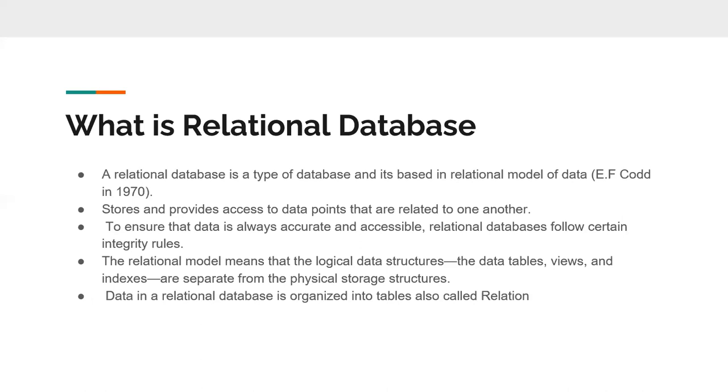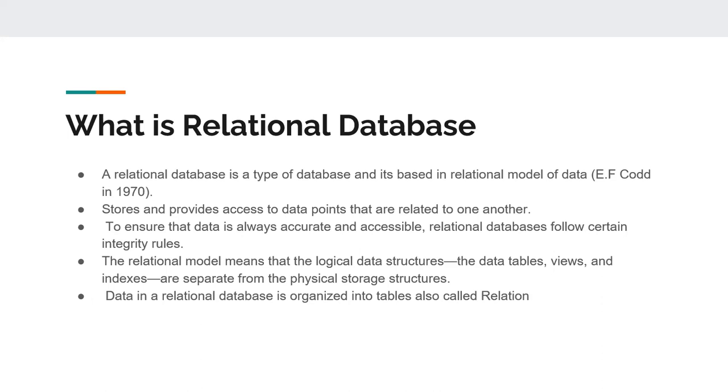What is a relational database? A relational database is a type of database based on the relational model of data. This definition is from E. F. Codd in 1970. So this kind of database is based on what? The relational model, maybe entity and relation model, whereby each table being stored can be related to another table through unique keys, primary keys, foreign keys.